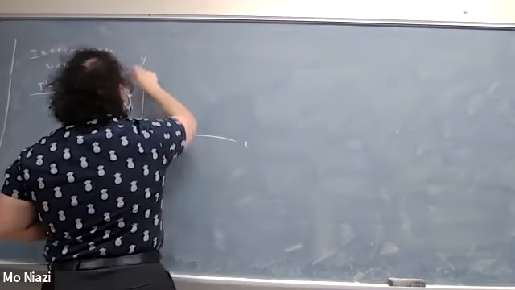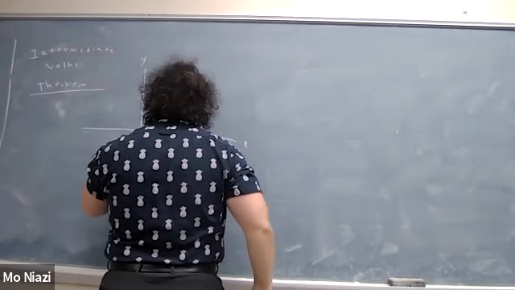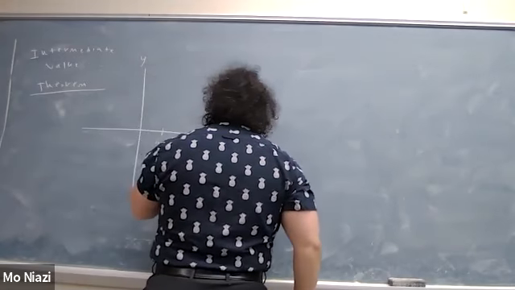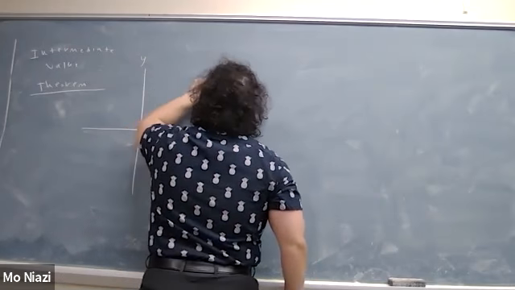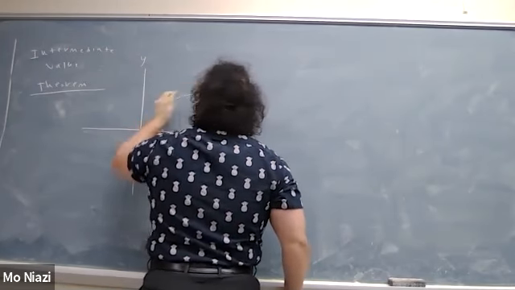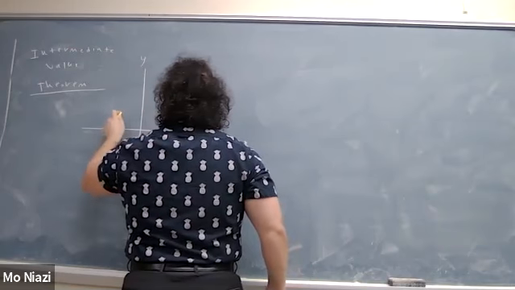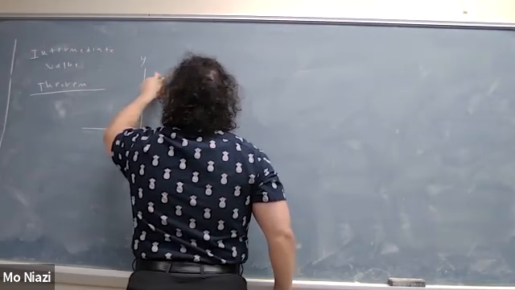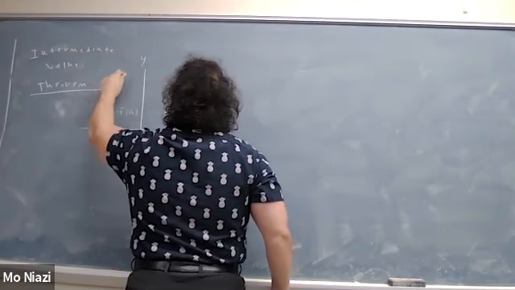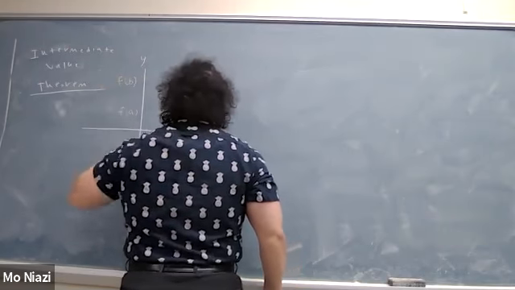Here's x, here's y, here's a, here's b. The function does something like this. This is your f of a, and this is your f of b.